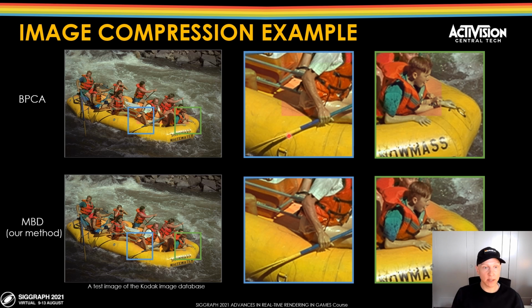The point of this comparison between the blockwise PCA and moving basis decomposition is to show that these hard blockwise cluster boundary artifacts are very visible in this case when we use large clusters and a low number of basis vectors. However, if you compare that to MBD, you see that this hard cluster boundary has now turned into this smooth gradual ramp that's visually not as visible or striking.